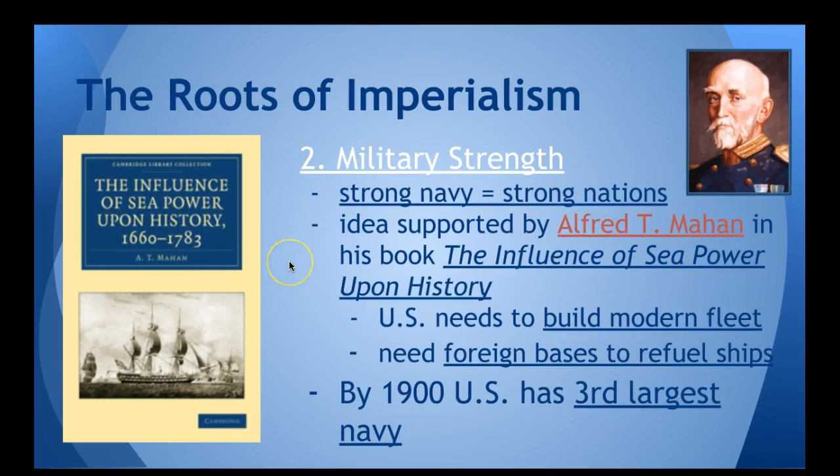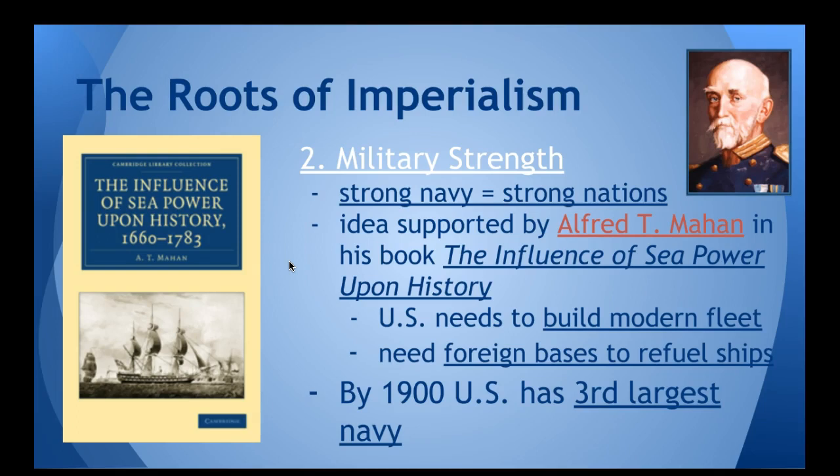Basically all of the strongest nations in world history had been supported by a strong navy. So he argues in this book that the U.S. needed to build a modern fleet of ships, and also that we needed to establish foreign bases to refuel our ships as they're going around the world trading and selling their goods.